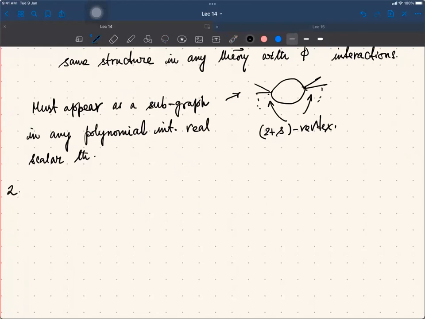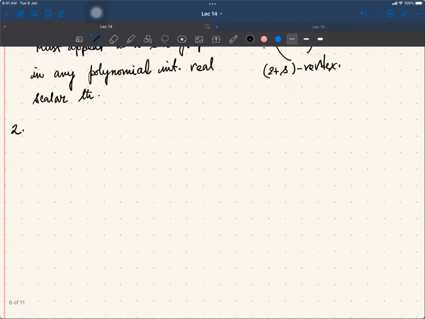Let's consider the second example. This is a phi to the 4 theory example, this one loop diagram.